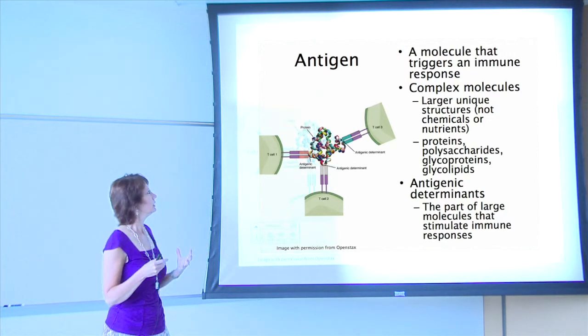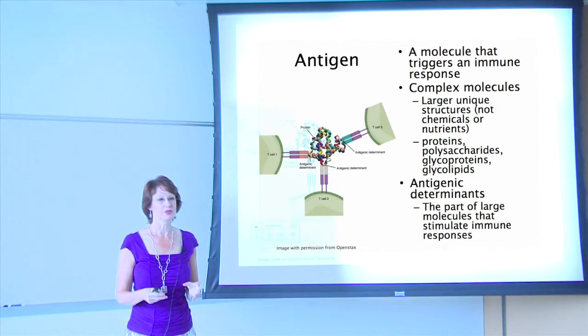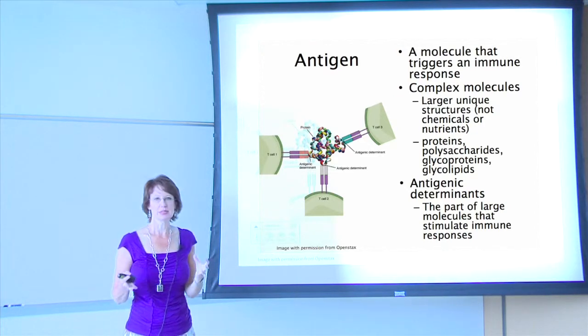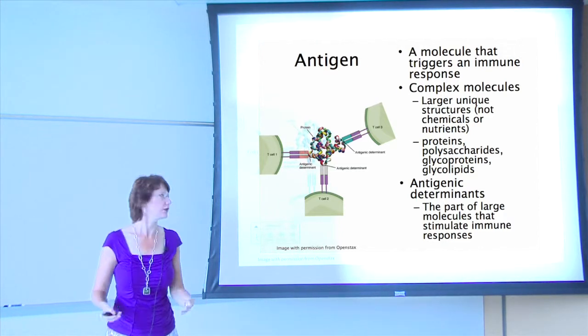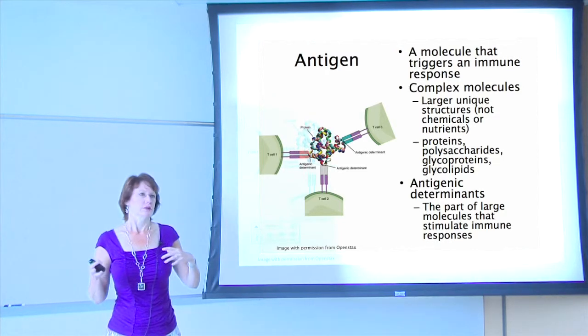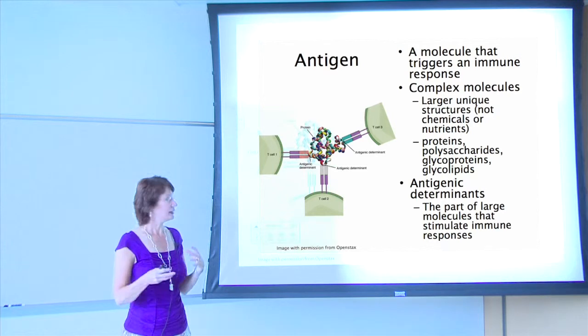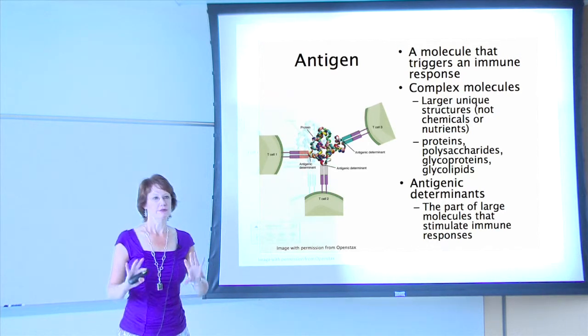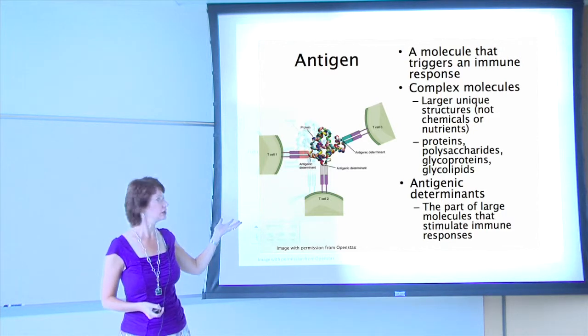An antigen is generally a complex molecule, so simple little things like sugars generally aren't antigenic. They won't trigger a specific immune response. But larger proteins, large polysaccharide complexes, even lipids, glycolipids, found on the surface of membranes can serve as antigens.